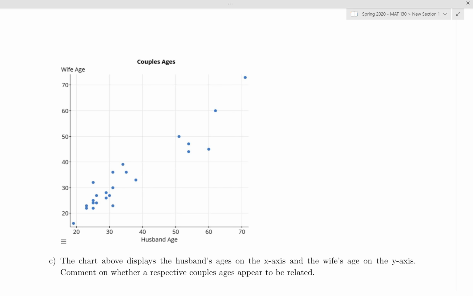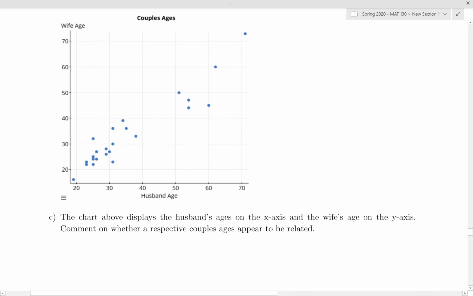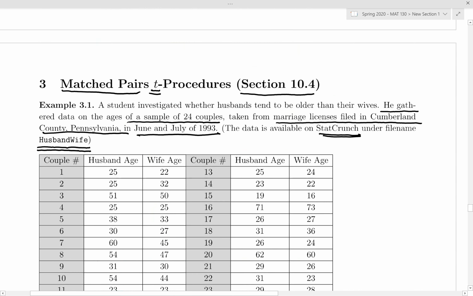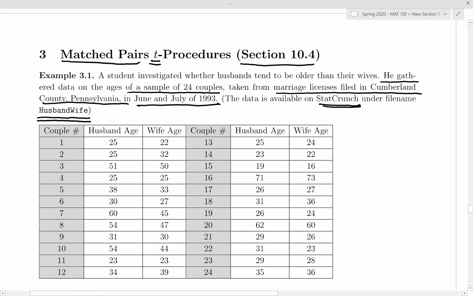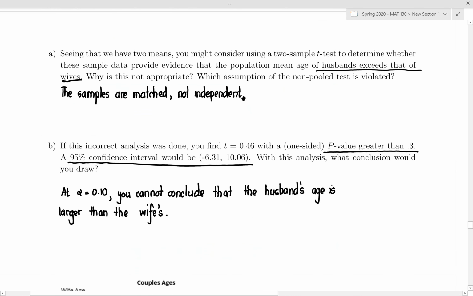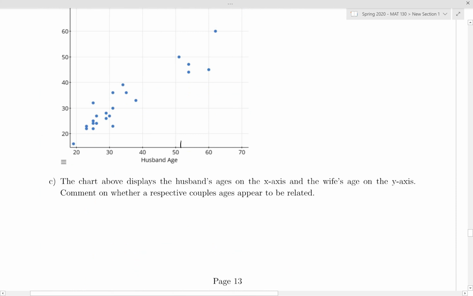On the x-axis, we put the husband's age. On the y-axis, we plotted the wife's age. So for this one here, the husband's age is 51 or 52 and the wife's is 50. If we go to that, can we figure out what that is? Well, it looks like that's couple number 3, right? 51 and 50. So that's what we did for all of those couples. We went ahead and plotted those points.